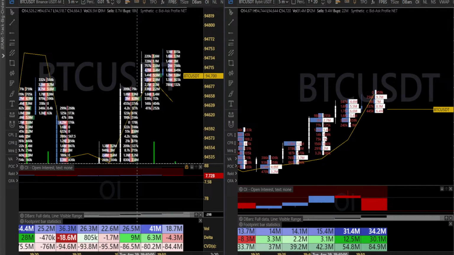A couple more wicks through these highs. Of course, we might just break out here. I'm just saying. I think that's completely possible.